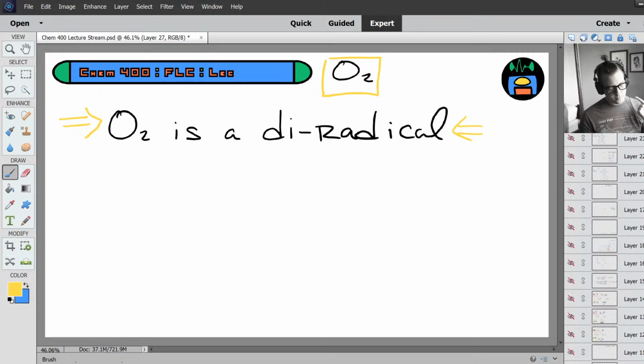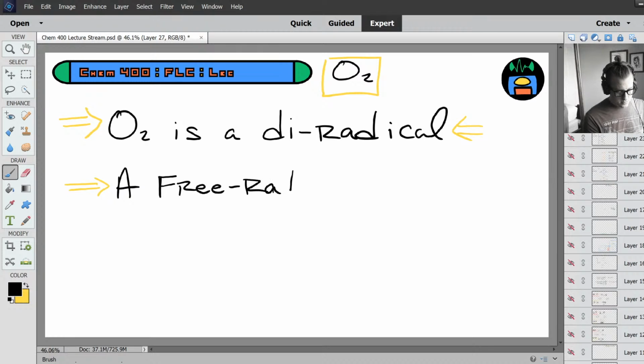But what is a radical, or what's known as a free radical? A free radical is a species. It doesn't have to be a molecule. Sometimes it's just an atom.